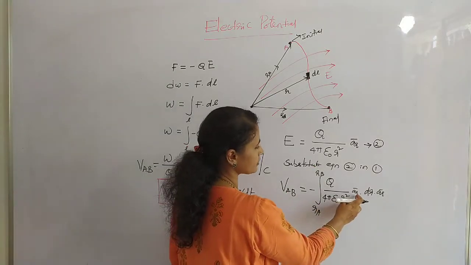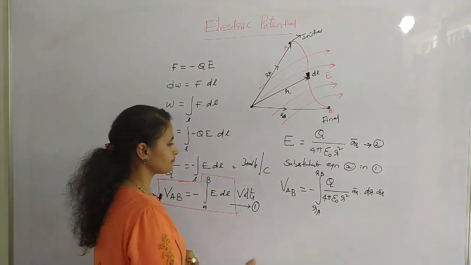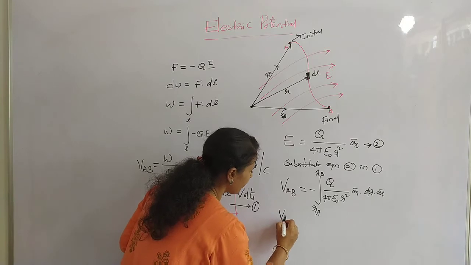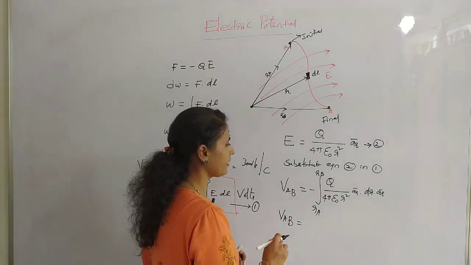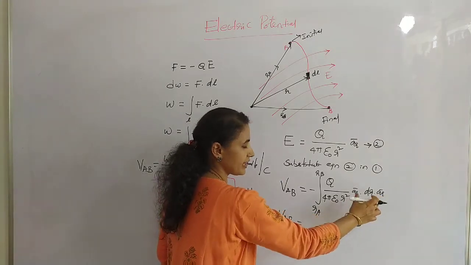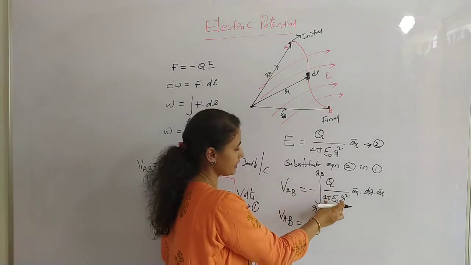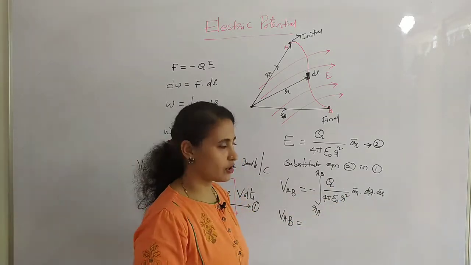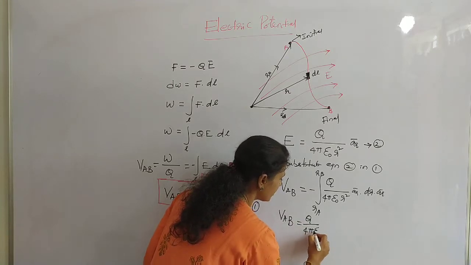Now in the next step, the dot product of AR with AR will be 1 only. So VAB, the potential difference between the 2 points, is given by, so the dot product of AR with AR has become 1. Now out of this, Q is a constant, 4 pi epsilon naught is also constant. Let us take the constant terms out of this integration.